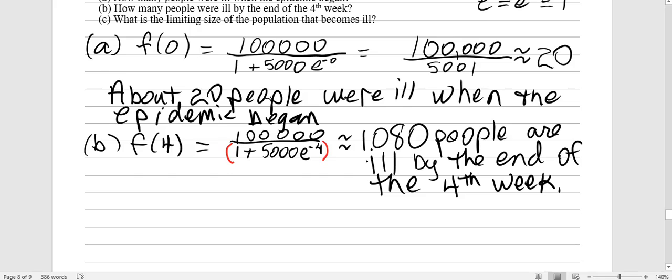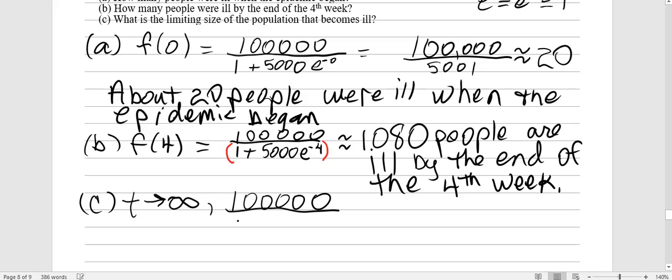What is the limiting size of the population that becomes ill? In other words, that's really saying as we allow t, time, to become infinitely large, so as t goes to infinity, we get 100,000 over 1 plus something that's going to 0.